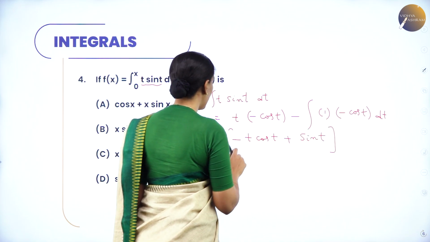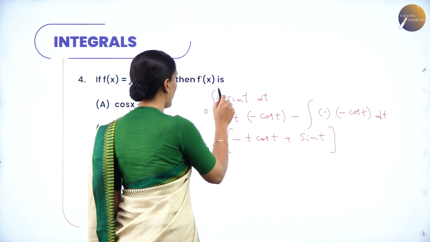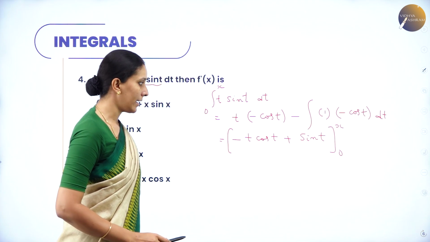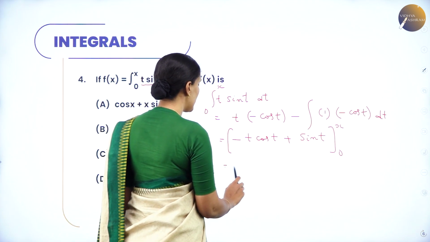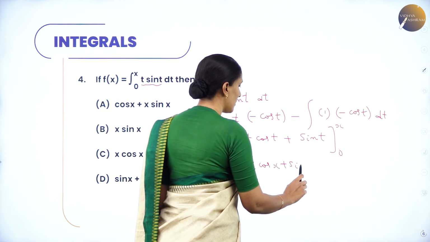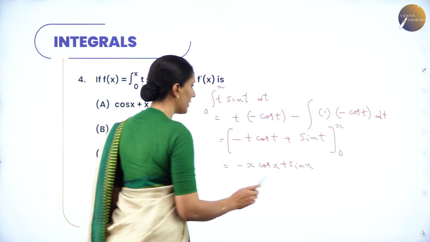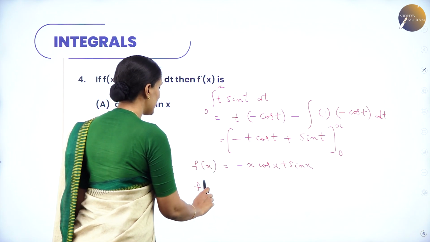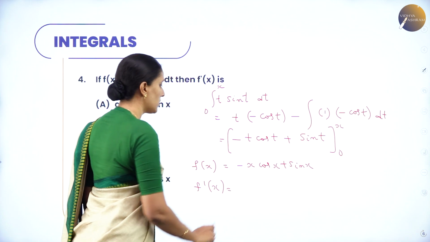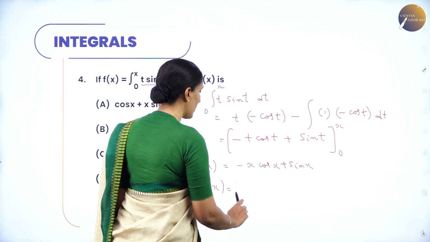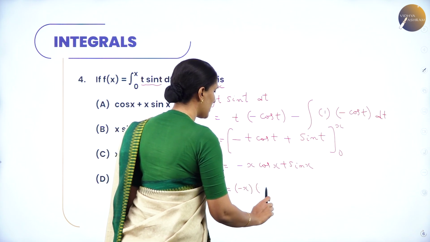When I apply the limits here from 0 to x, that is lower limit is 0, upper limit is x, clearly I'll get minus x cos x plus sin x minus 0. The lower limit is completely 0. So this is our f of x. Now differentiate this, that is f dash of x. Clearly when you apply here, this is a product rule. So first function, derivative of second.